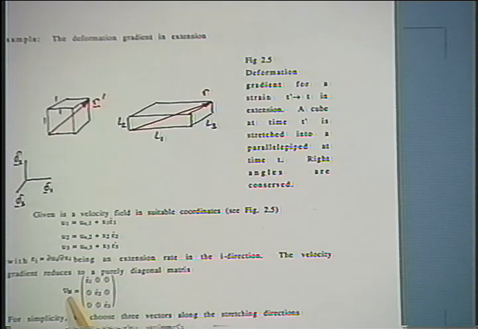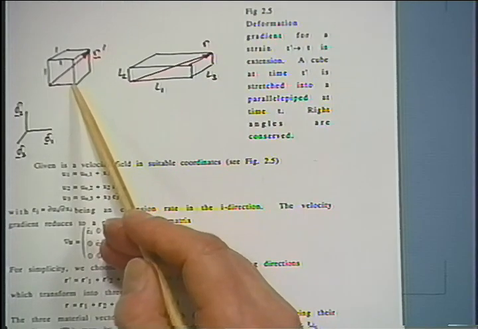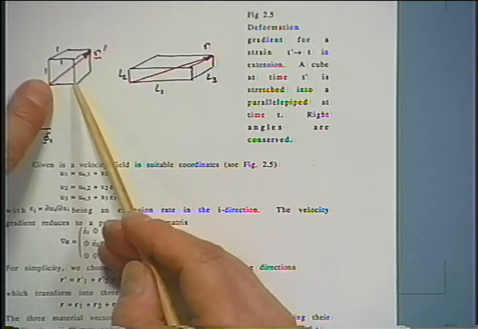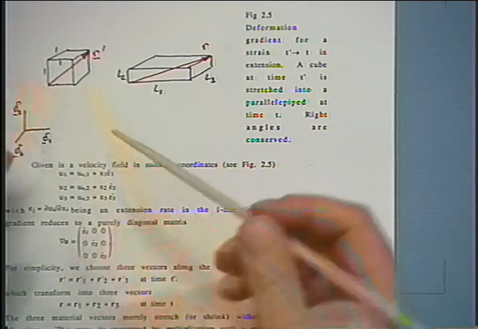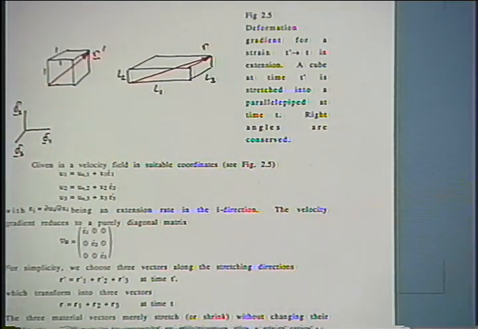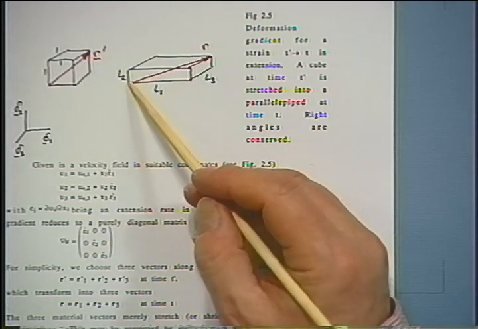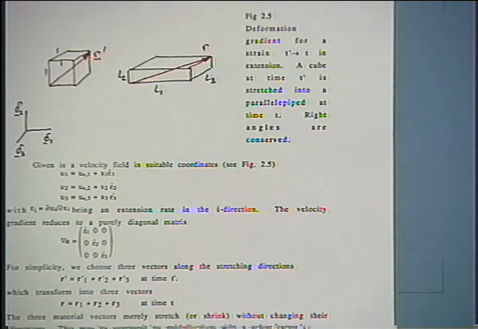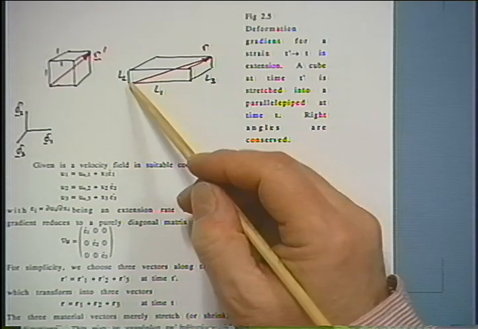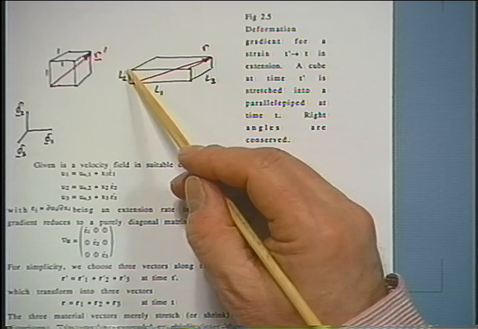You can picture this in the following way. You could say this little cube here is stretching because the front end of this cube is moving faster than the back end, so it's stretching out in time. Or in this case, the bottom is moving more slowly than the top, and it is being squished together. So somehow the velocity on the bottom and the top has to be different.